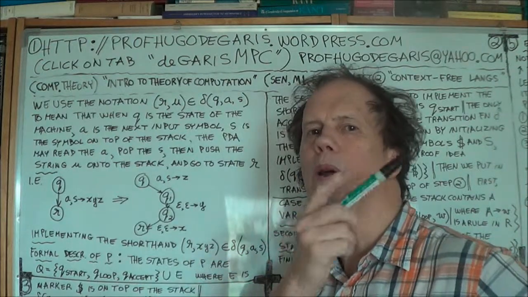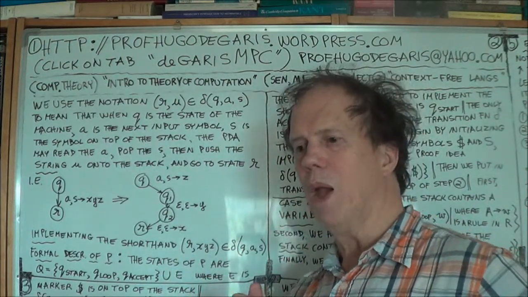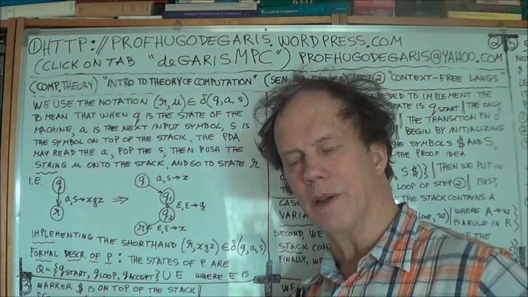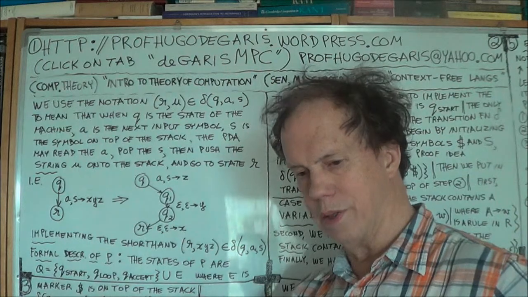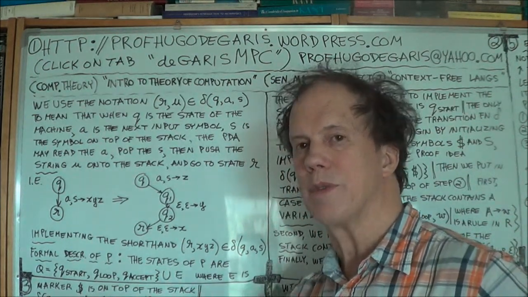Go way back, earlier lecture. What is the definition of a non-deterministic automaton? It's one where it's possible to have more than one next state. Okay, it's as simple as that.